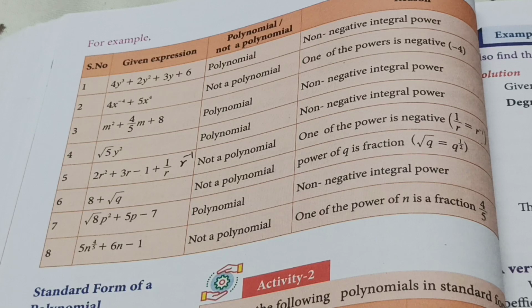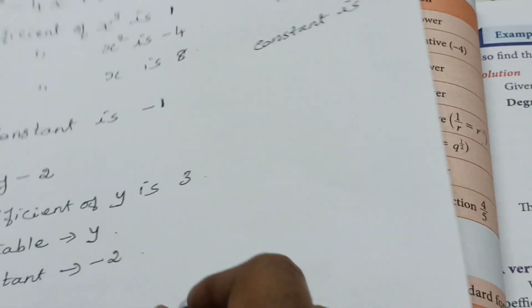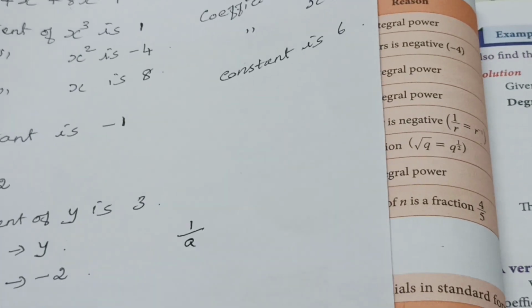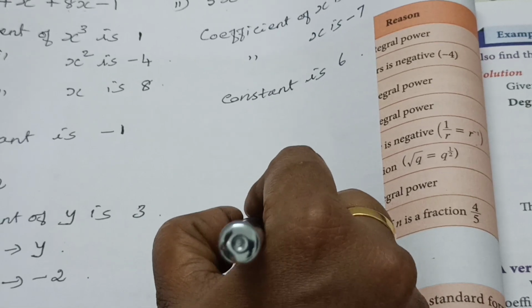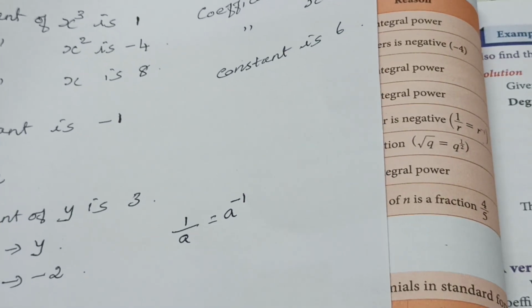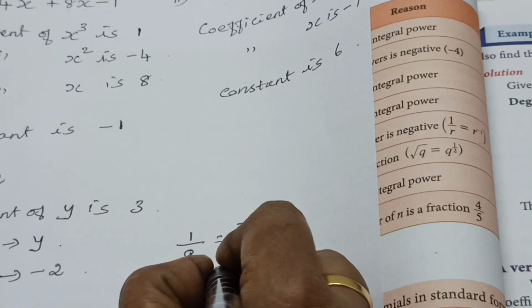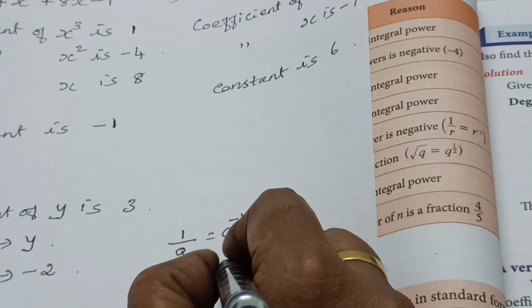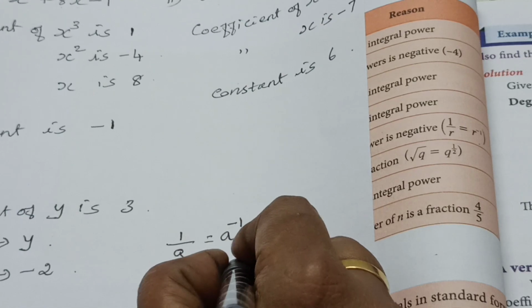Okay. Then here suppose last year also you studied maybe. 1 by a, we can write as what? 1 by a is equal to what? A power minus 1. Have you understood? Then 1 by a square. Then we can write as what? It will come in the numerator. That time sign it will change. Here power minus 2.